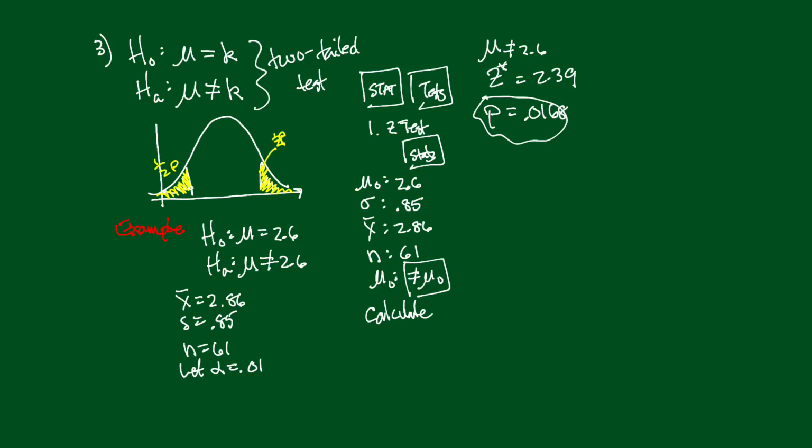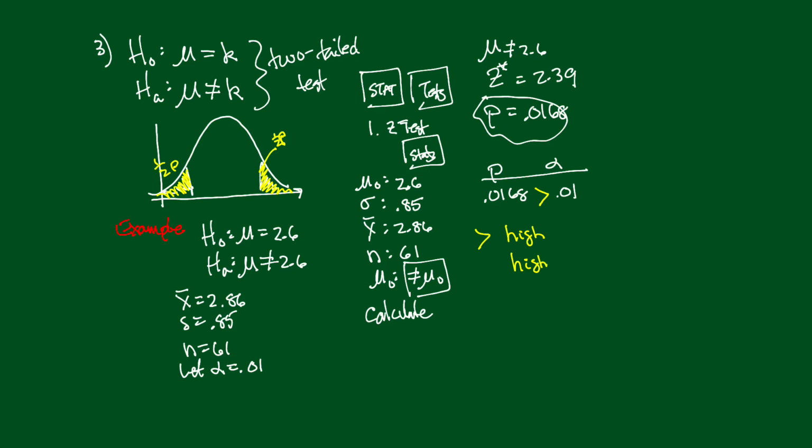But now what to do? So let's compare p to alpha. All right, so the p is 0.0168. The alpha, I think we chose 0.01. We did. Now how does p compare to alpha? Well, this is 1.6%, this is 1%, this is just slightly bigger. So when I see that greater than sign, I'm thinking one number is higher than the other, so I write high.